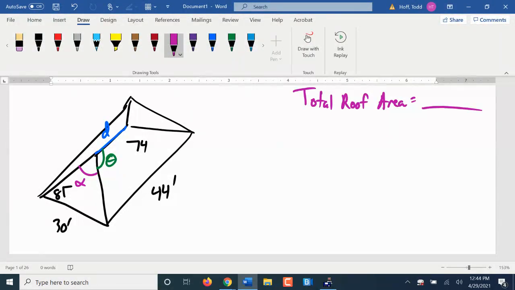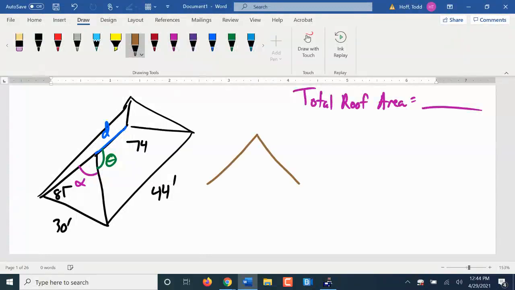Okay, so anytime we have a hip roof situation like this, when we were finding the decrease in the jack rafter and all that, we started out by looking at the common rafter, common truss. So that's exactly what we're going to do here.